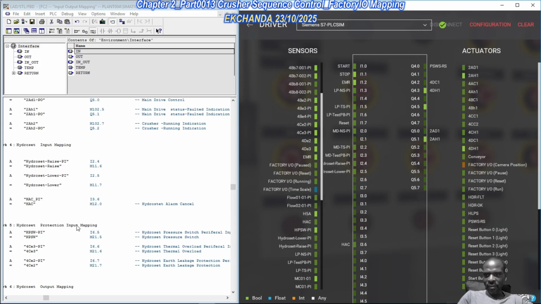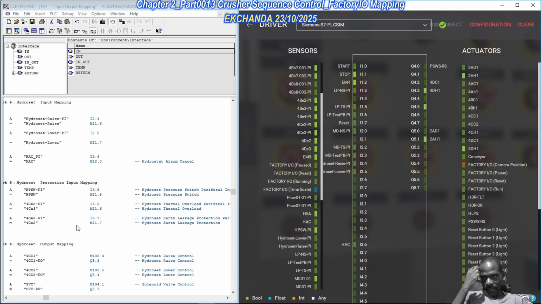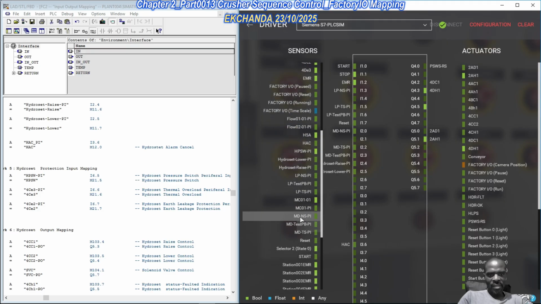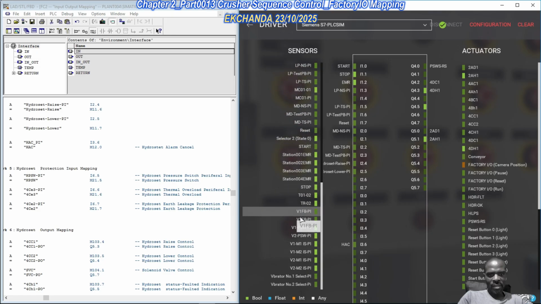And then for the protection inputs, hydroset pressure switch, HPSW, is mapped to input 6.5.